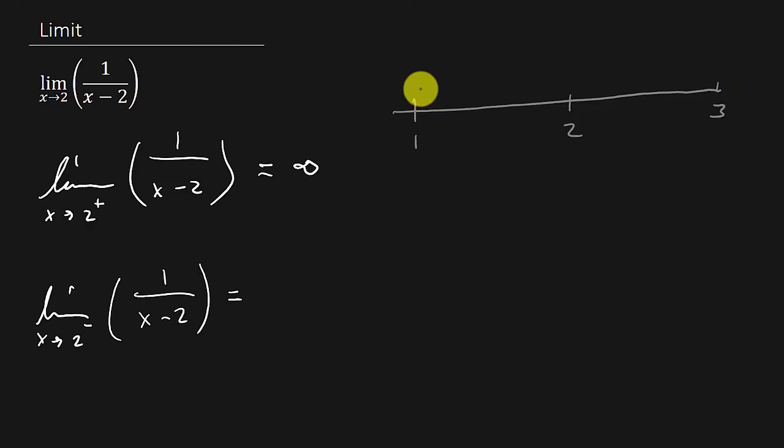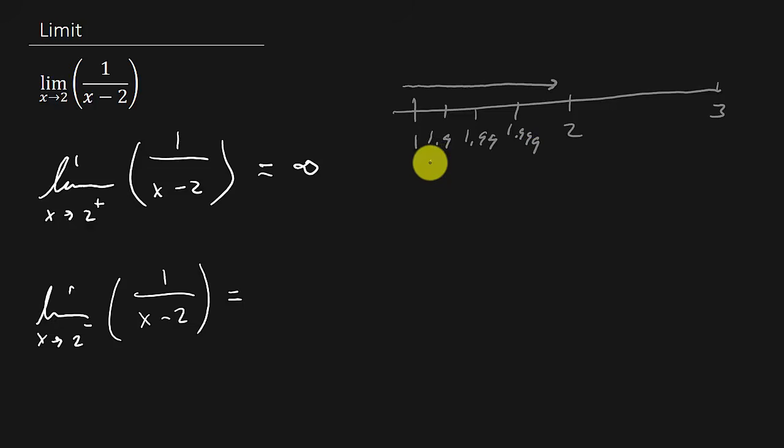So this time we're coming in from the left-hand side. So we're going to be plugging in numbers like 1.9, 1.99, 1.999, and so on, right? These are numbers that are getting closer and closer to 2 from the left.